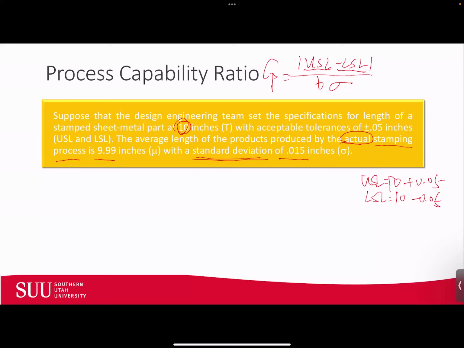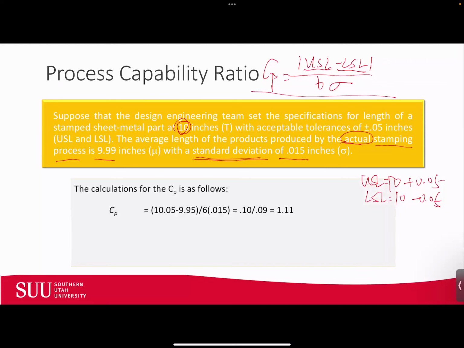And when you compute the Cp, you should be very careful to find the right numbers to use in the formula. So based on what we have here, Cp equals the upper limit minus the lower limit divided by 6 times the standard deviation, then we have 1.11.